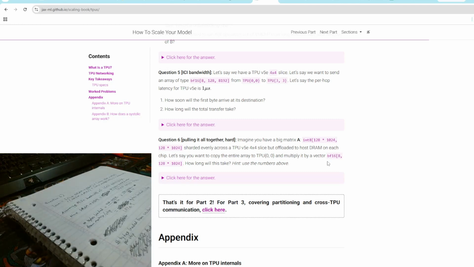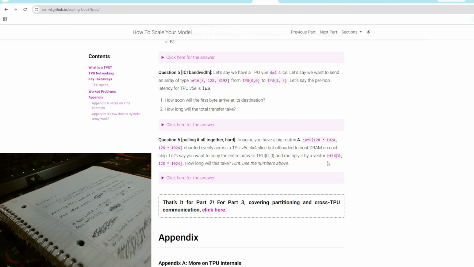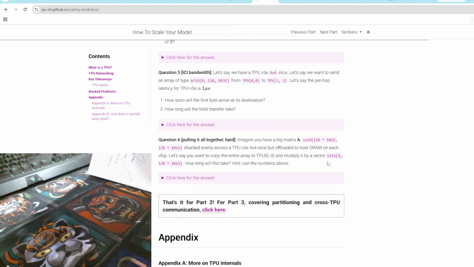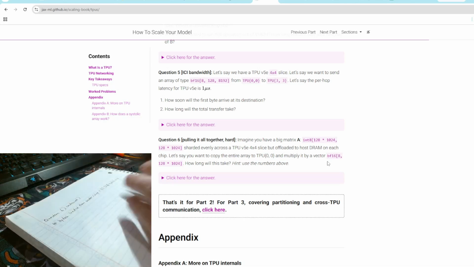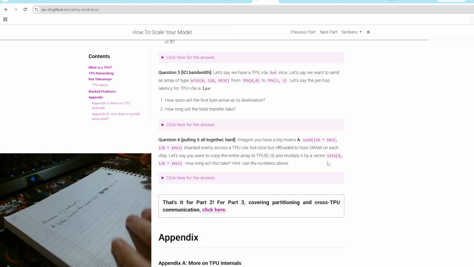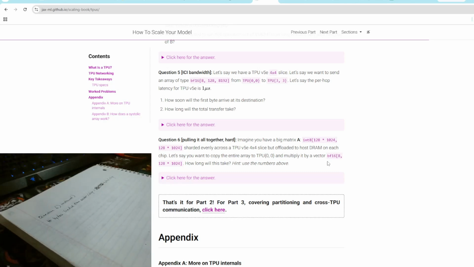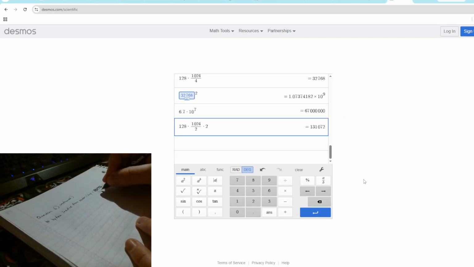Man, making a lot of mistakes here, a lot of scratching out. So that's wrong. Really we have 131,072 bytes per chip.